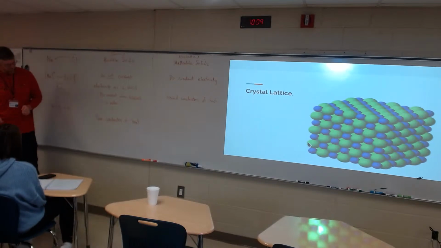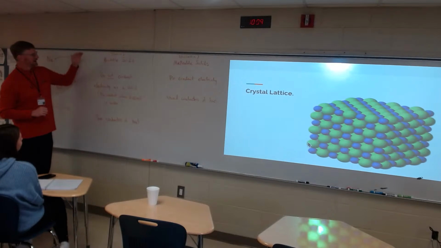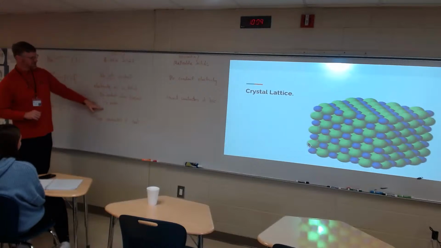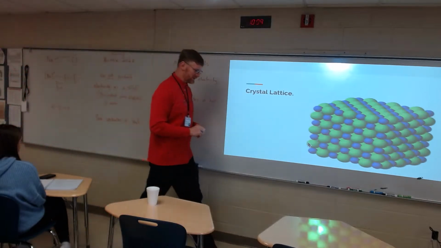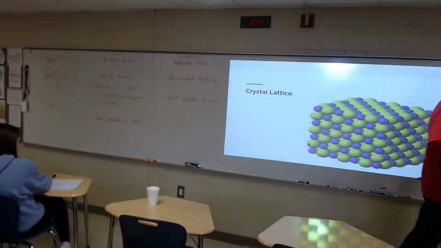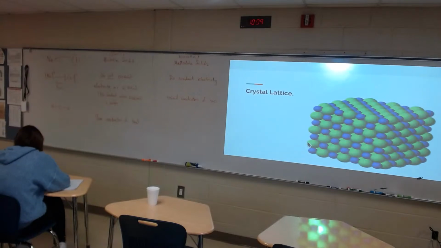Anyways, all right. So, ionic compounds, because of that structure right there, are brittle. They don't conduct electricity unless you dissociate them in water, and they're poor conductors of heat. A metal, if we flip back to the other slide, is a malleable solid that does conduct electricity and is a good conductor of heat because it has the ability to move around.